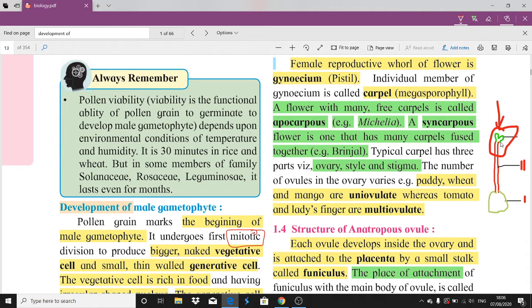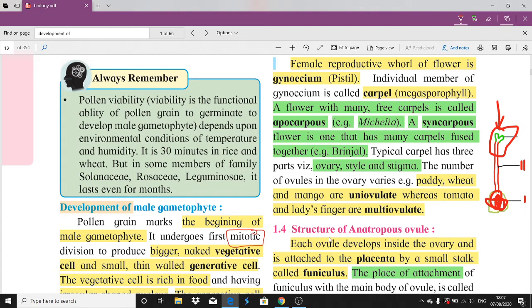Okay, this part is very sticky, मैंने एक अलग कलर से उसको ड्रॉ किया है. दैट ग्रीन कलर स्टिकी शुगरी कंटेनिंग पार्ट, दैट पार्ट इज कॉल्ड एज स्टिग्मा, जहाँ पे ये पोलन ग्रेन्स आके गिरते हैं और जहाँ से पोलन ट्यूब आके ओवरी के पार्ट में, जो मेल गैमेट्स बन रहे थे, यहाँ पे आके वो फर्टिलाइज करते हैं.